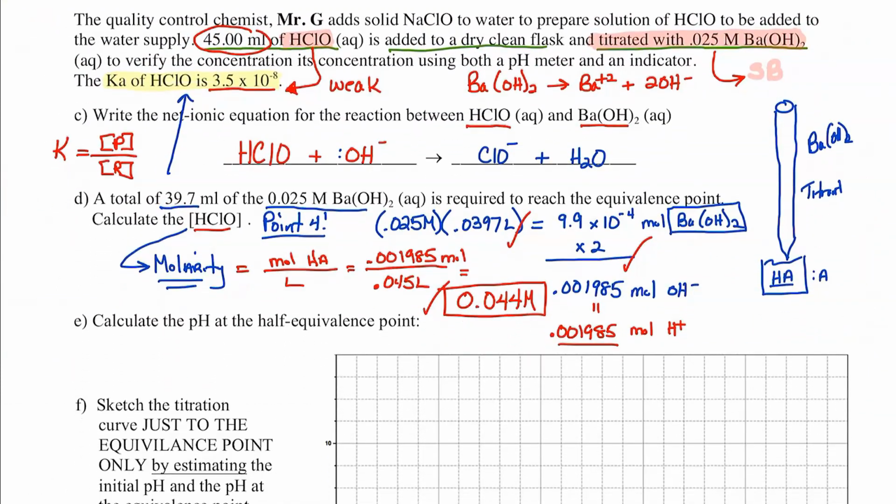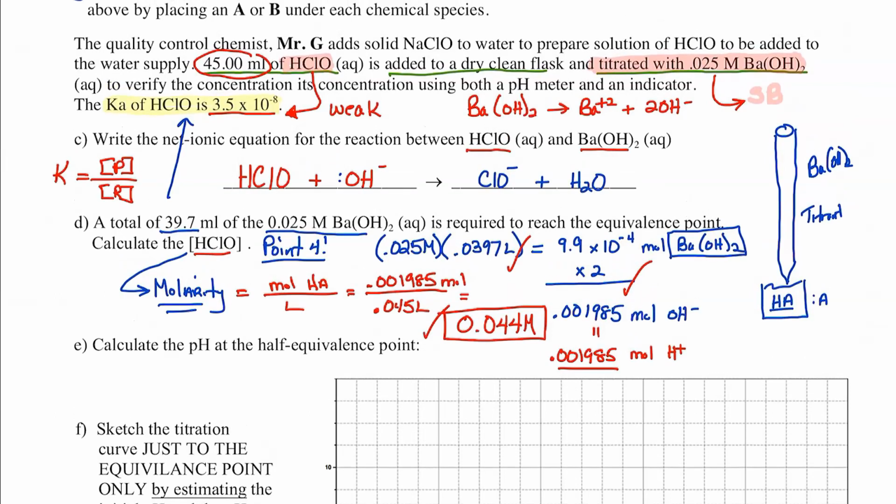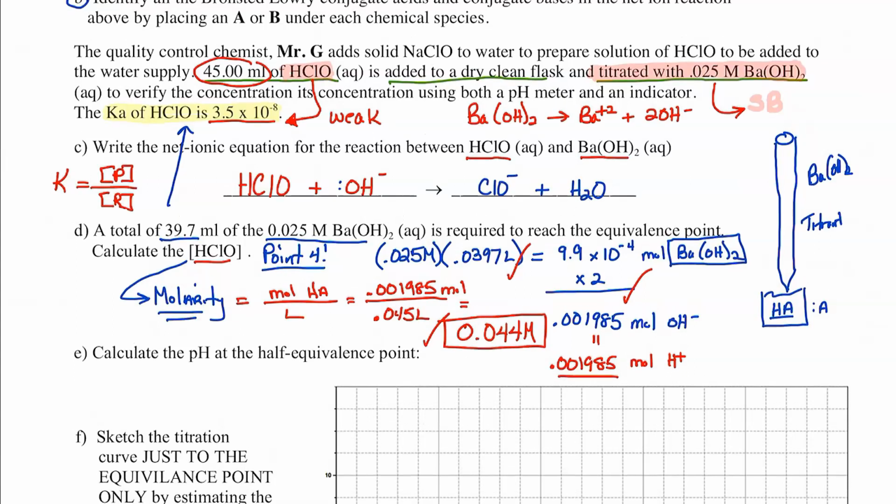Calculate the pH at the half equivalence point. Well, the half equivalence point is half the volume necessary to halfway drive off all the weak acid. So if we know from the problem that 39.7 was needed to be added to completely neutralize the acid, well, we just need half of that.